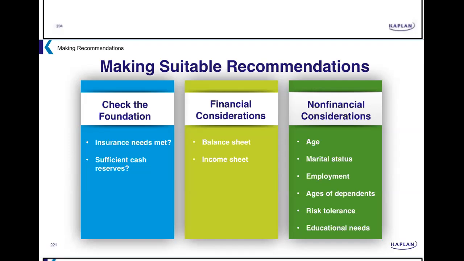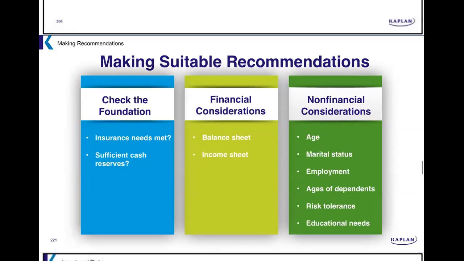Are they married? Do they work? Do they have children? What are their ages? What type of risks are they willing to tolerate? Are we needing to save money for college? All of these tidbits of information are necessary in order to make good, suitable recommendations to our customers.